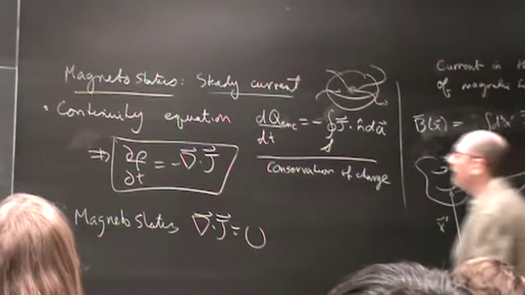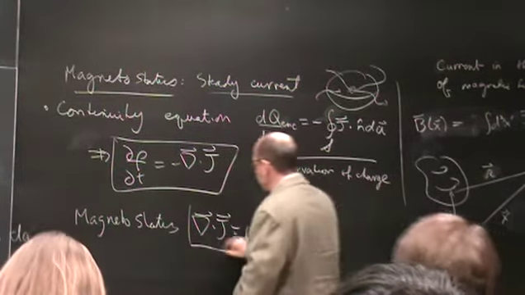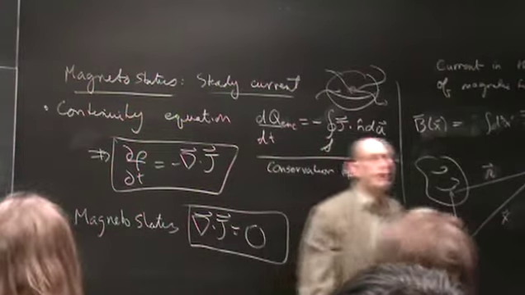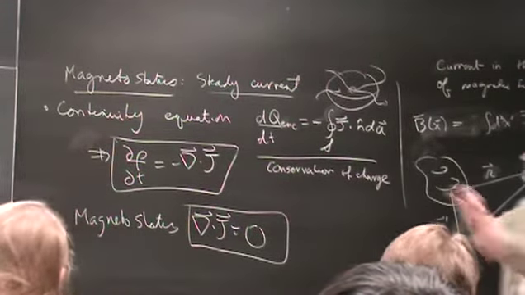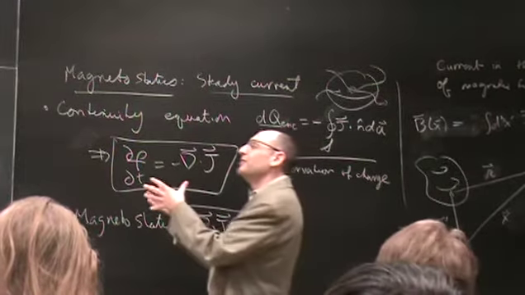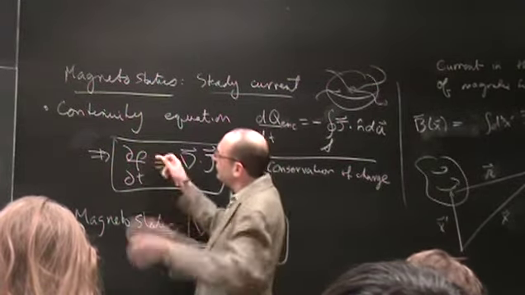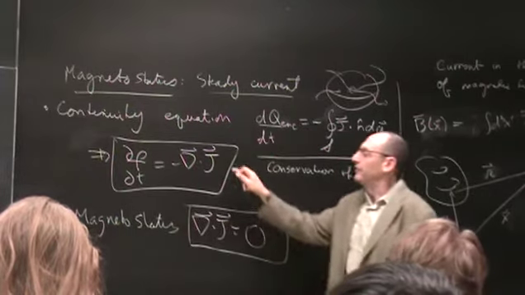And in magnetostatics, what this is saying is that the divergence of the current density is thus zero. So that is to say, the local charge density neither builds up nor spreads out if this is zero.